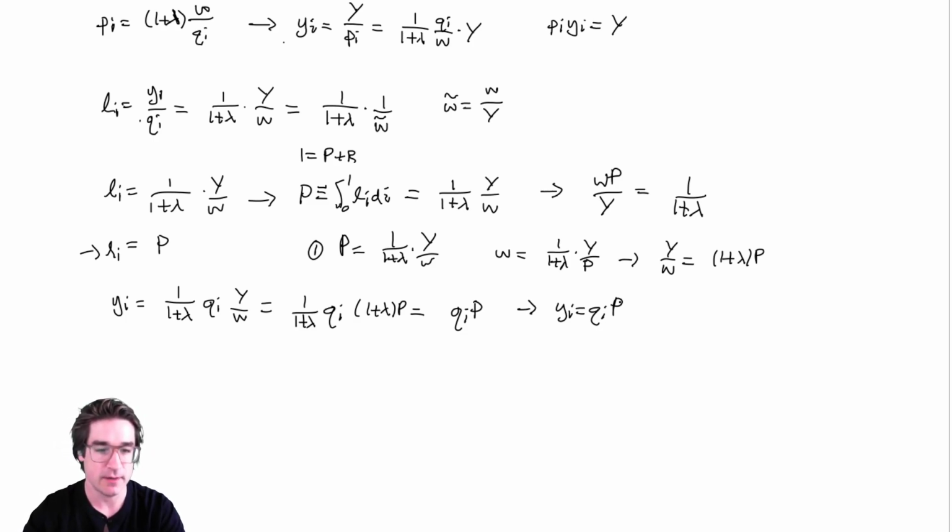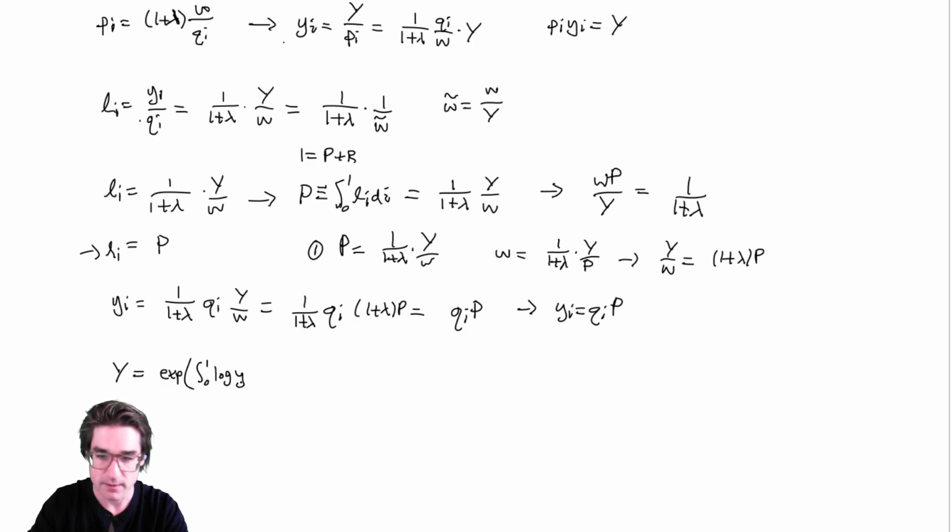Now all we have to do is run this through the aggregation function, and we're going to be all set. So that says Y is equal to this exponential log integral thing. Okay, so what do we get?